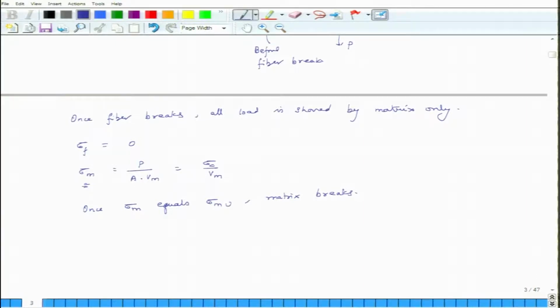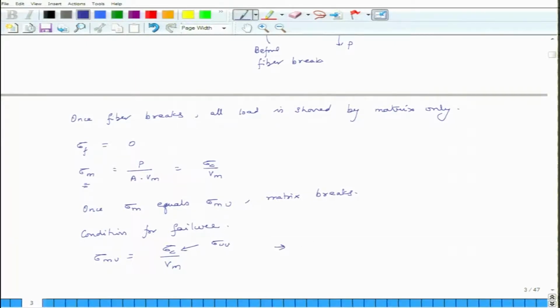So basically, the condition for failure is sigma mu equals sigma C by Vm, and at that point, that is what I call sigma Cu, the ultimate strength of the composite.